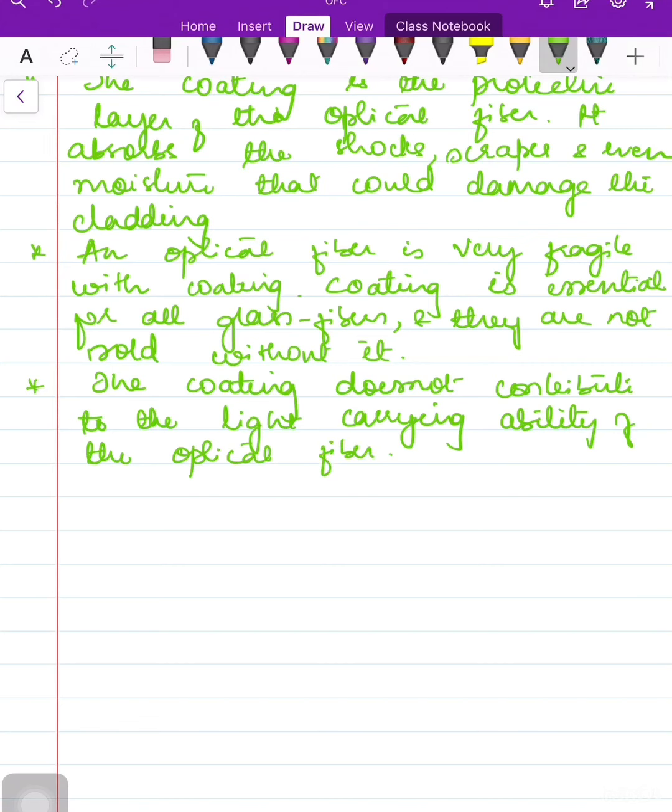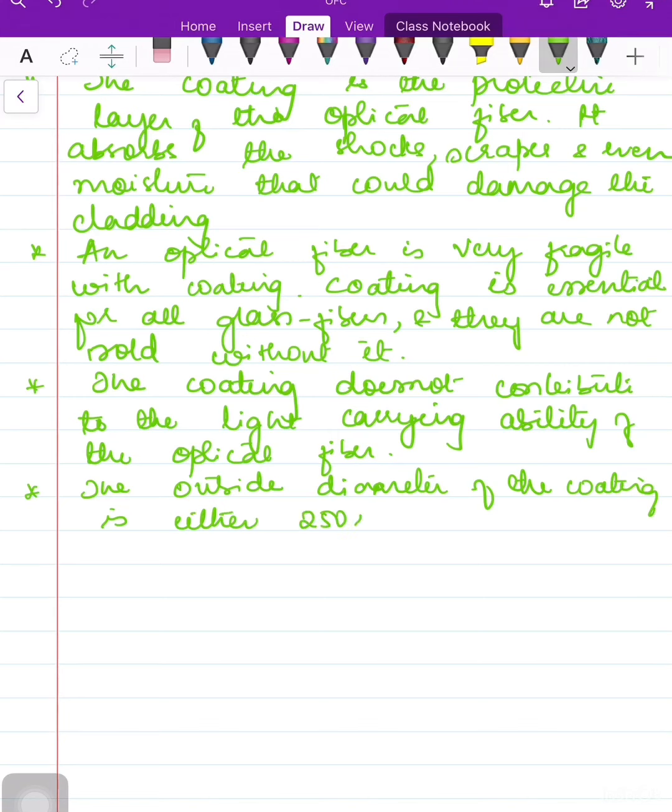Okay, and the outside diameter of the coating is either 250 micrometer or 500 micrometer.